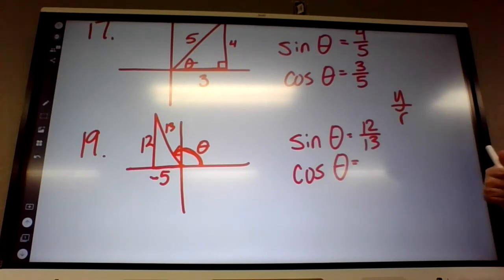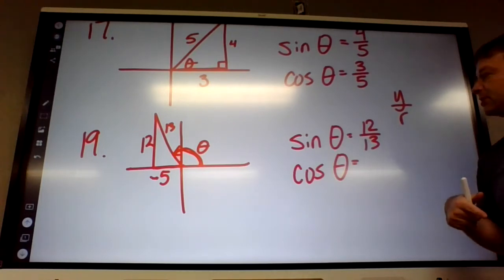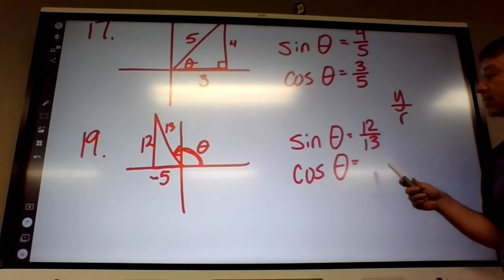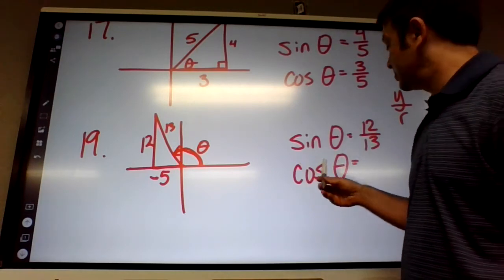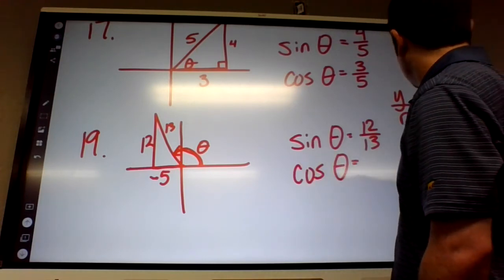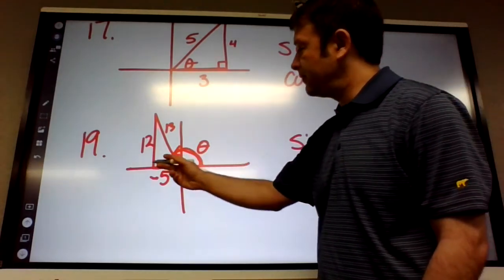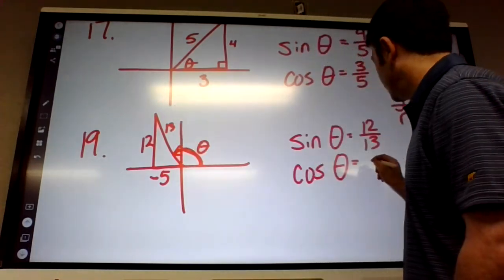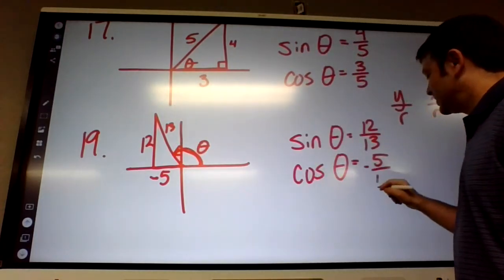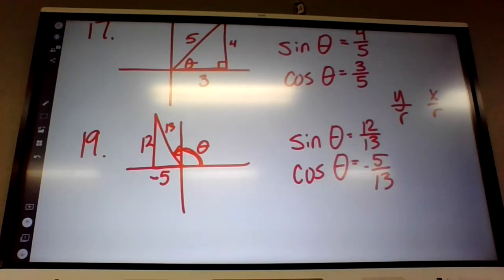So this is one way in which rotations are different than right triangles, is you can get negative answers on rotations. Cosine is x over r, so it's -5 over 13. Cosine is supposed to be negative in the second quadrant.